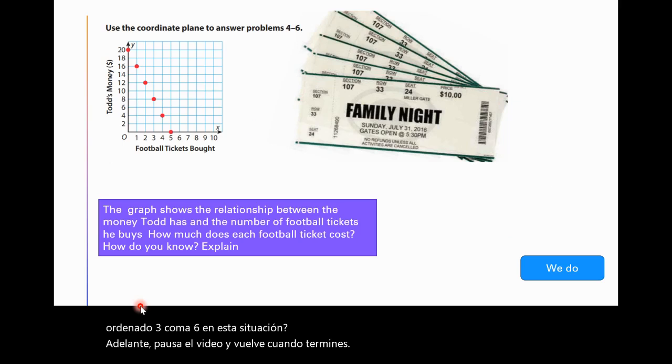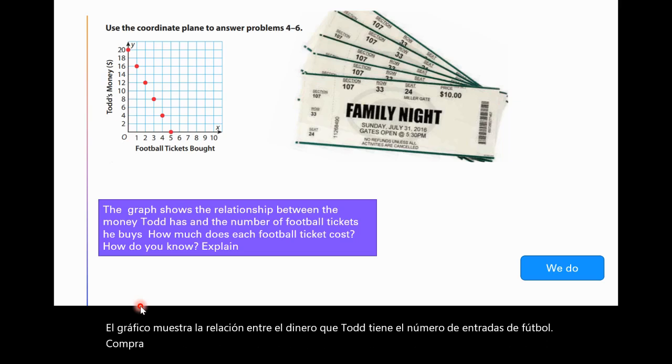So now we're going to do a new graph. The graph shows the relationship between the money Todd has and the number of football tickets he buys. How much does each football ticket cost?